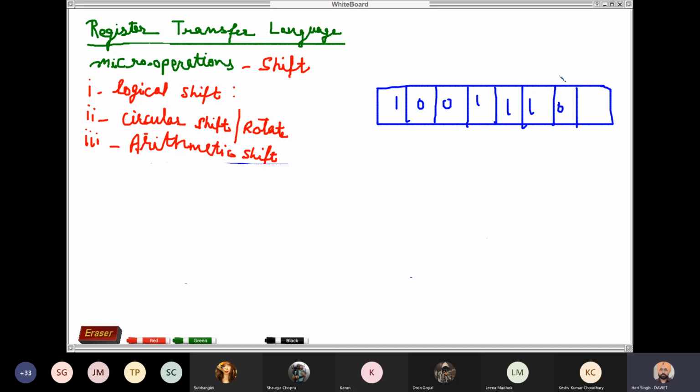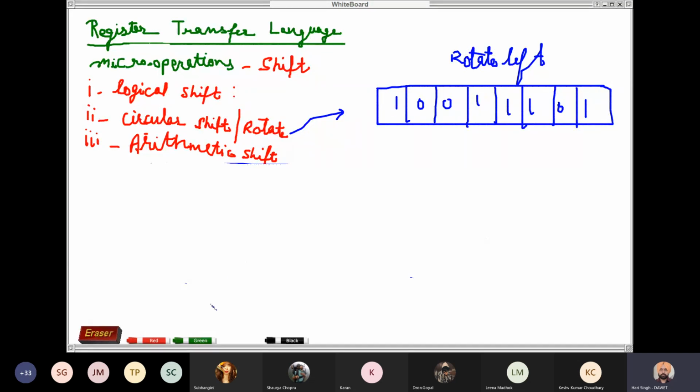We consider the same register, same contents. Now, logical shift or rotate left, logical shift, circular shift left or rotate left, circular shift right or rotate right.